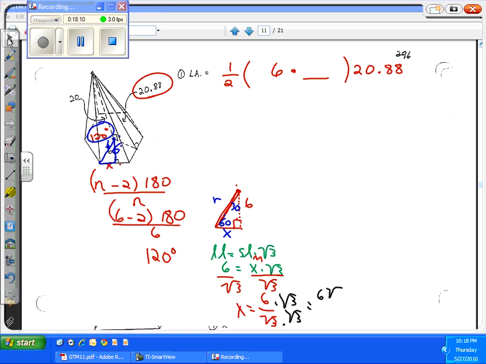So we get 6 square root 3 over 3, which is going to be 2 square root 3. And so x, which is half a side, is 2 square root 3. That means a whole side is double that, 4 square root 3.